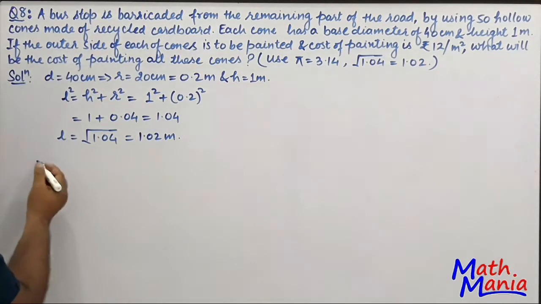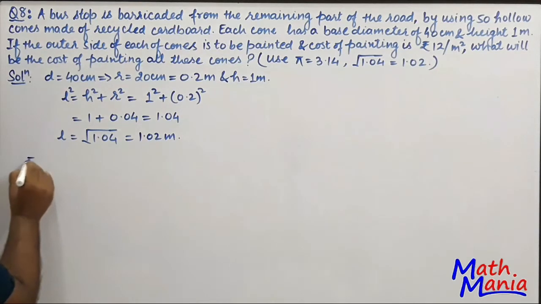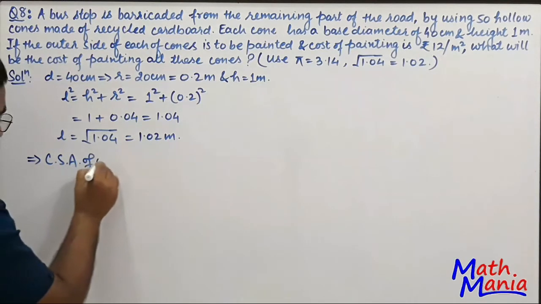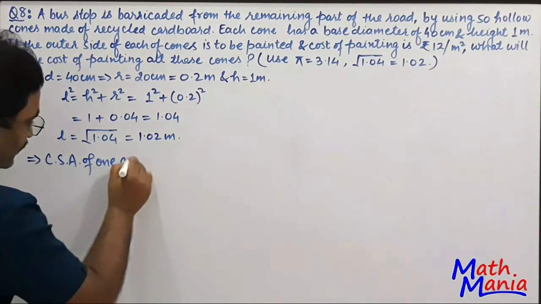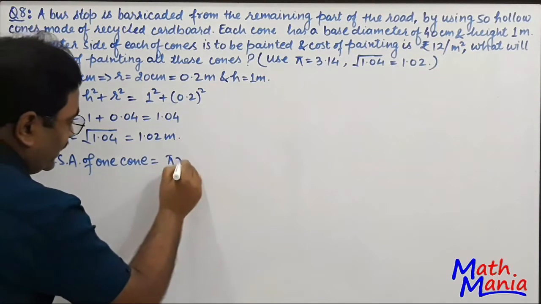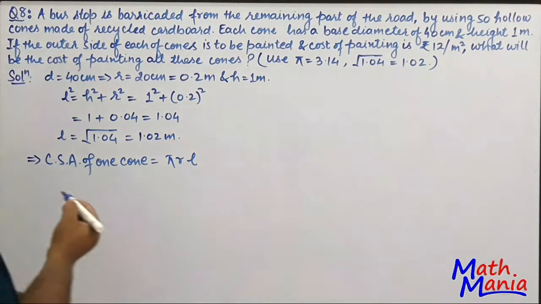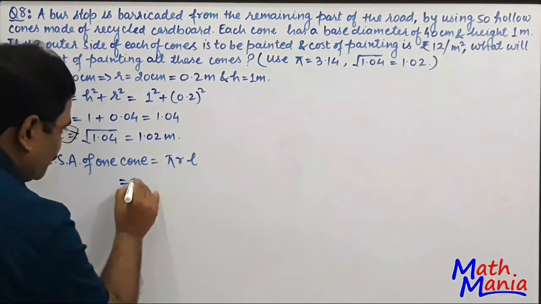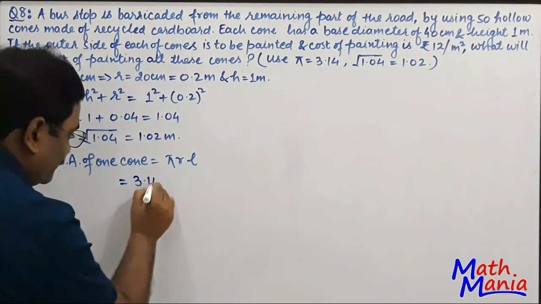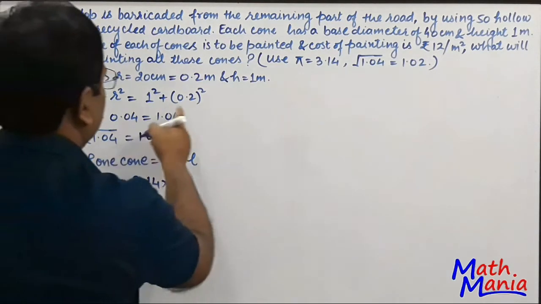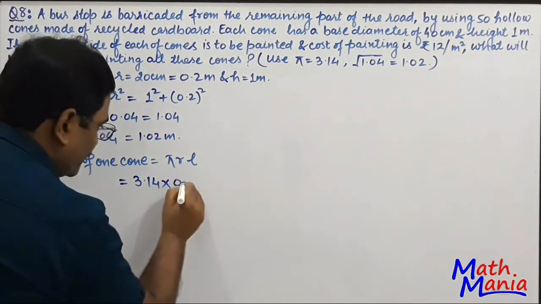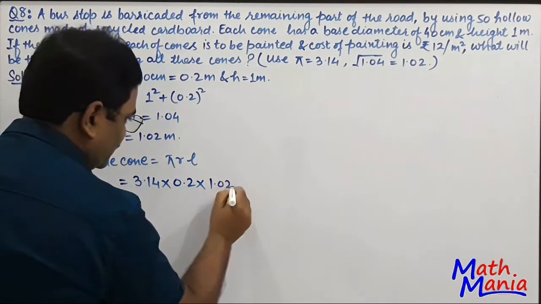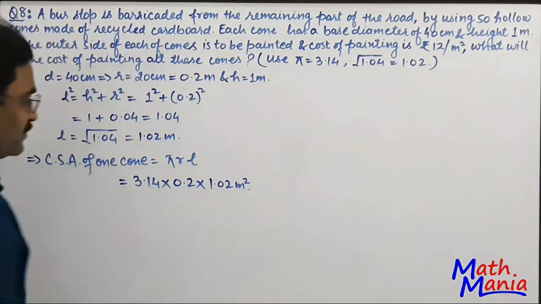So the curved surface area of one cone is equal to pi r L. Now substitute the values: pi is 3.14, radius is 0.2, and slant height is 1.02 meter square.